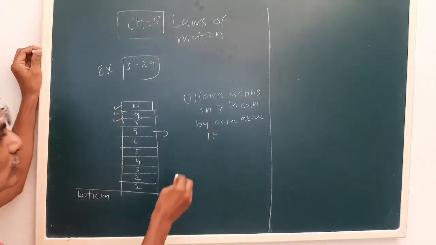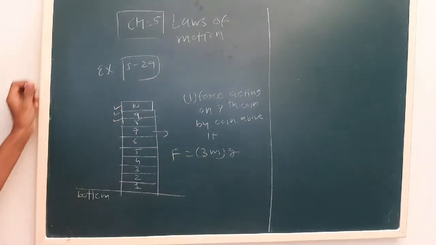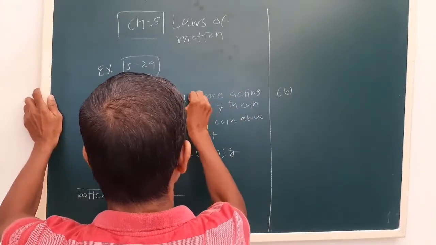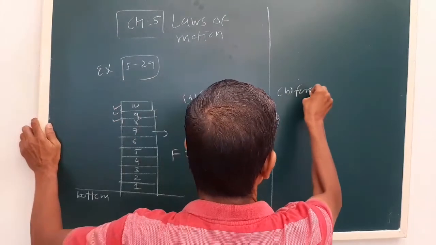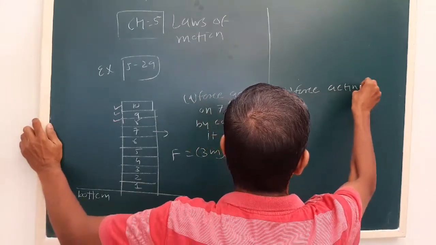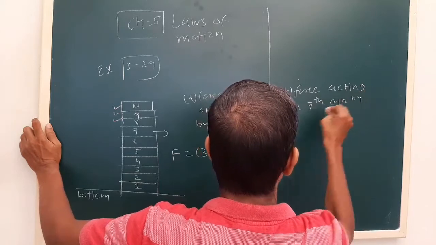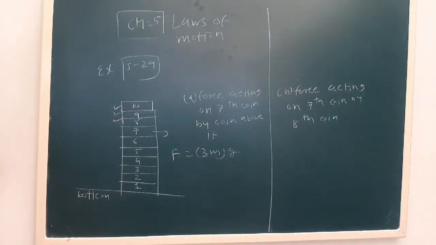So there are 3 coins, so the weight will be 3m, the force is 3 mg. Here mass is not given. Now the second part: force acting on the 7th coin by the 8th coin. That we have to find out.